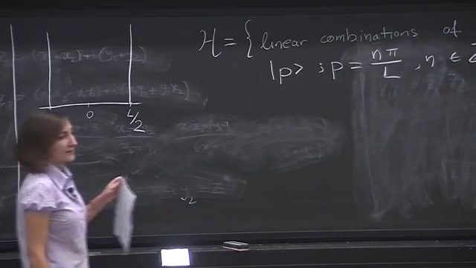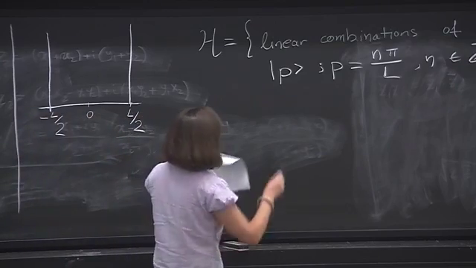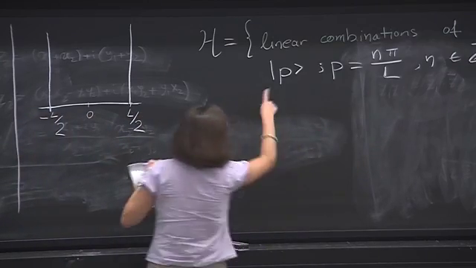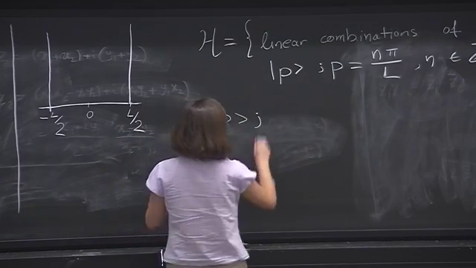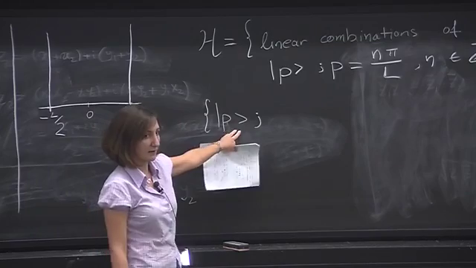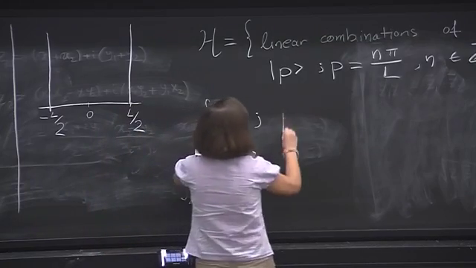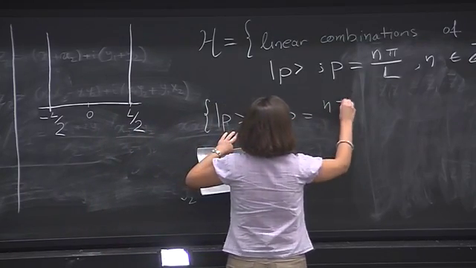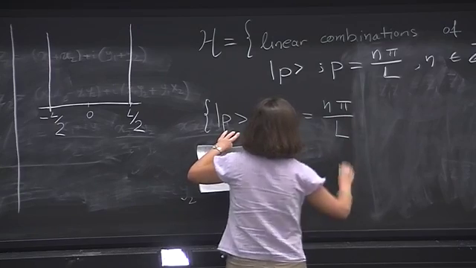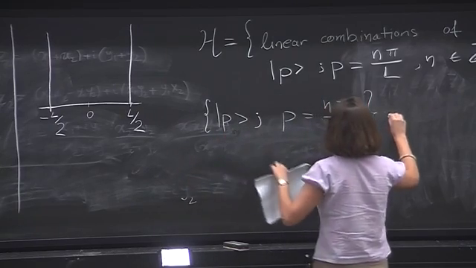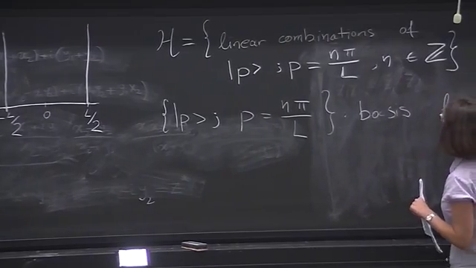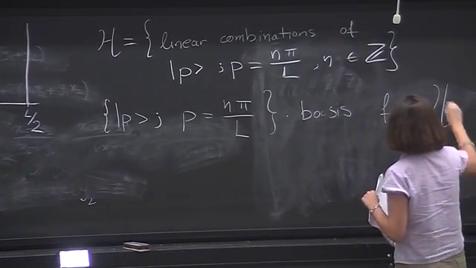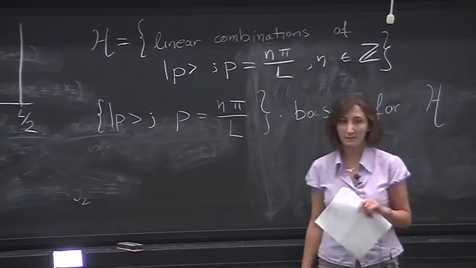And this also takes us to the idea of a basis. So this set of states labeled by their momentum P, where P is any integer times pi over L, is a basis for our Hilbert space.